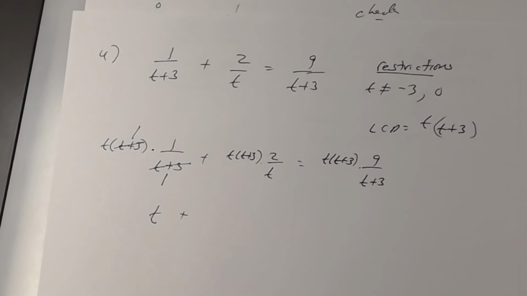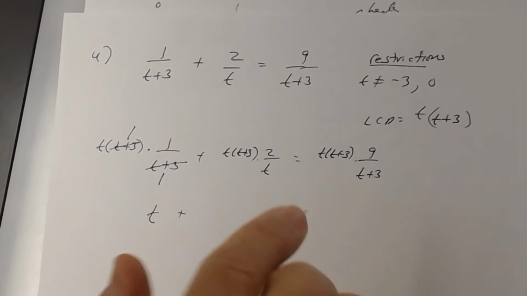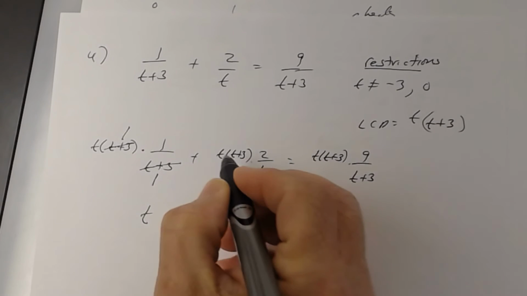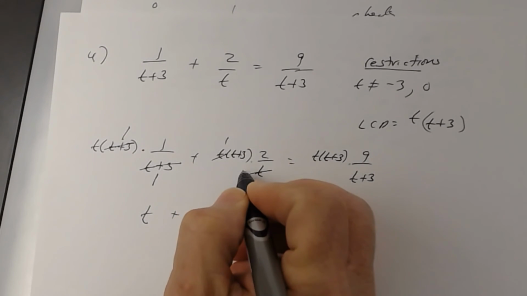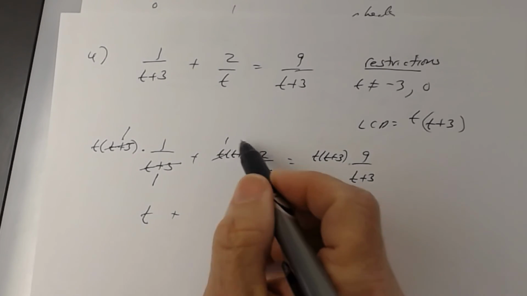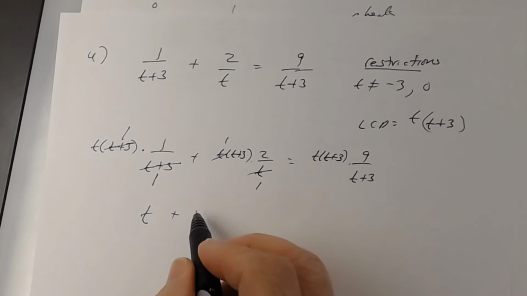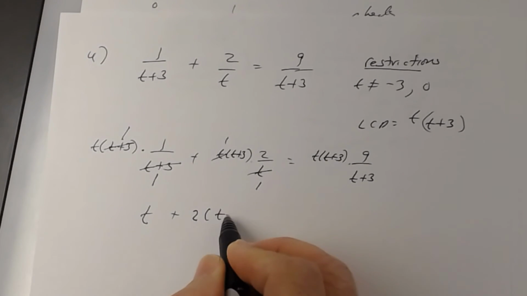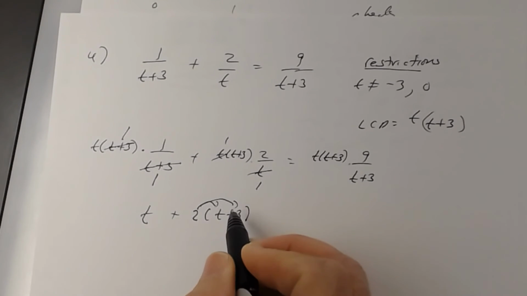Plus, let's talk about this one. I want a 1 down here, right? So t into t is 1. You have to be careful now. I have 1 times t plus 3 times what? 2. So here's where I'm going to write it out. I have 2 times t plus 3 in parentheses, right? 2t plus 6.